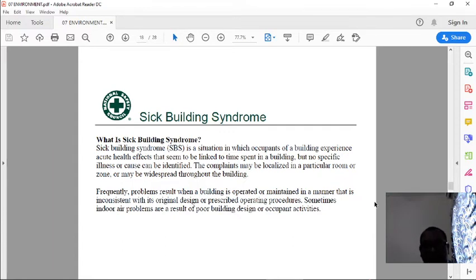This may be affected by the products being used or even the chemicals that are available inside the property. So you as a property manager, you need to identify and also be aware of the complaints being made by the residents, especially if they portray these kinds of sick building syndrome symptoms.